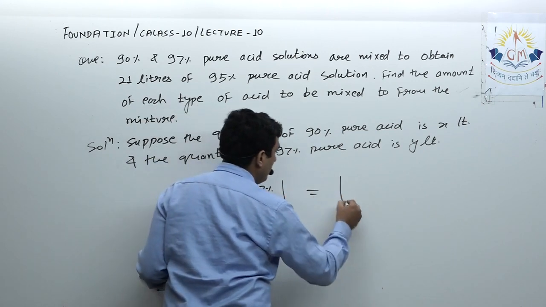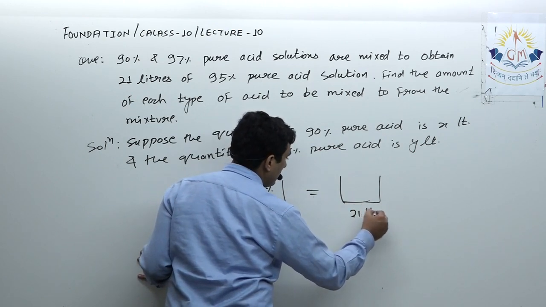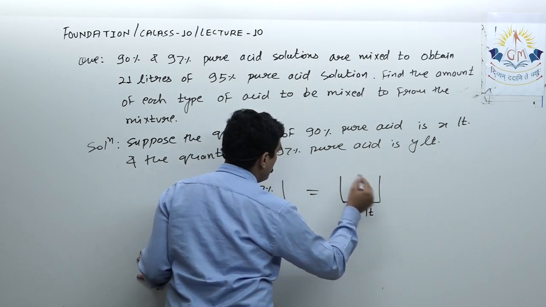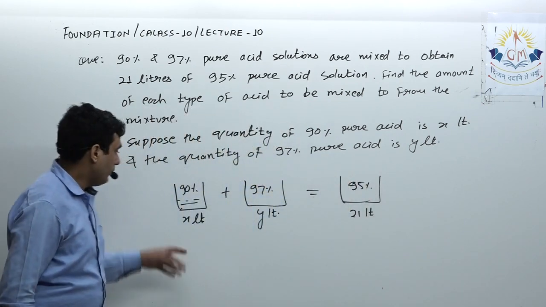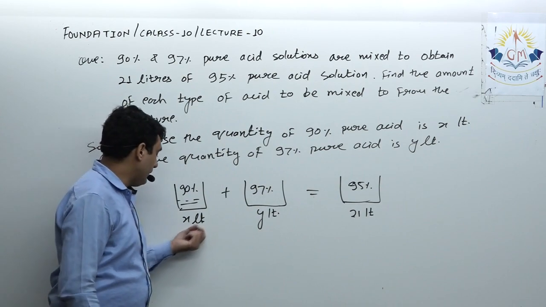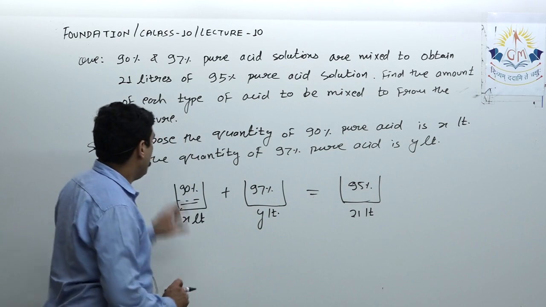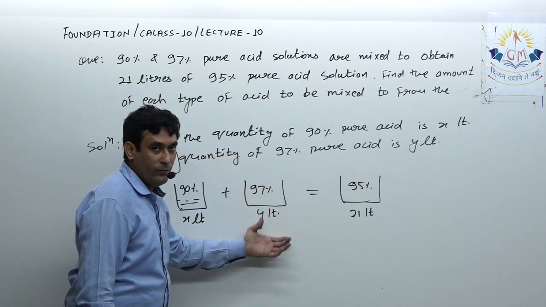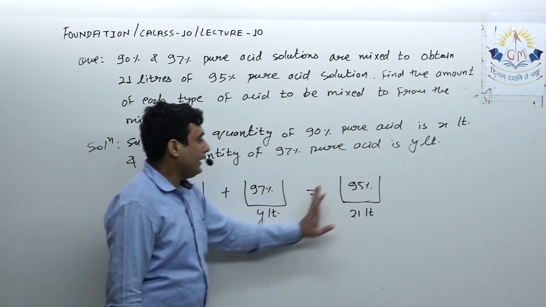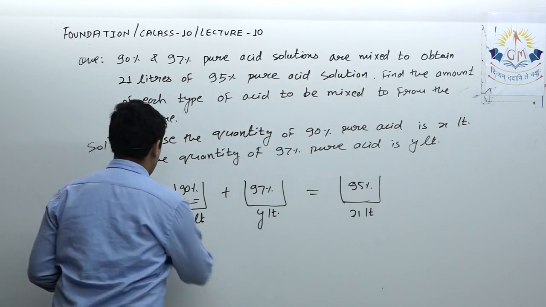When we mix them, we get 21 liters of a solution which is 95% pure. So x plus y is equal to 21, then 90% of x plus 97% of y is equal to 95% of 21. This gives me the second equation.